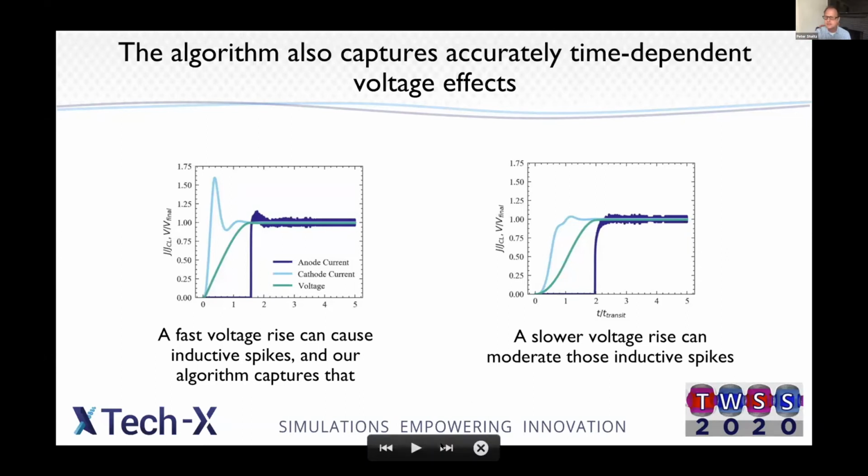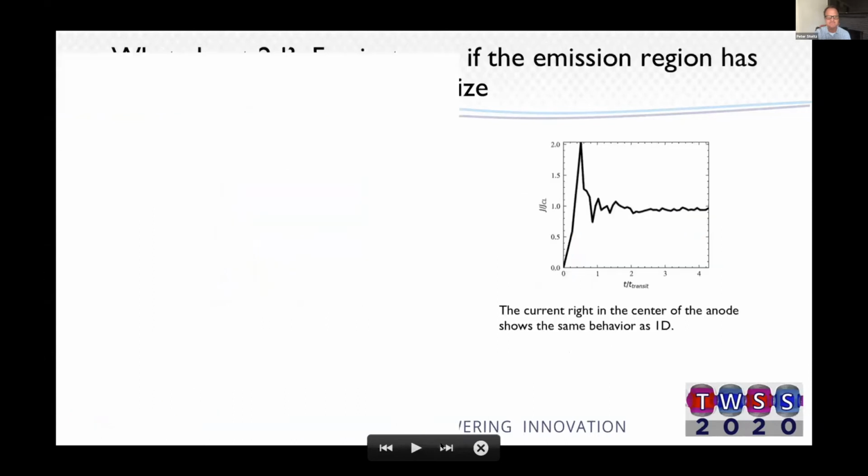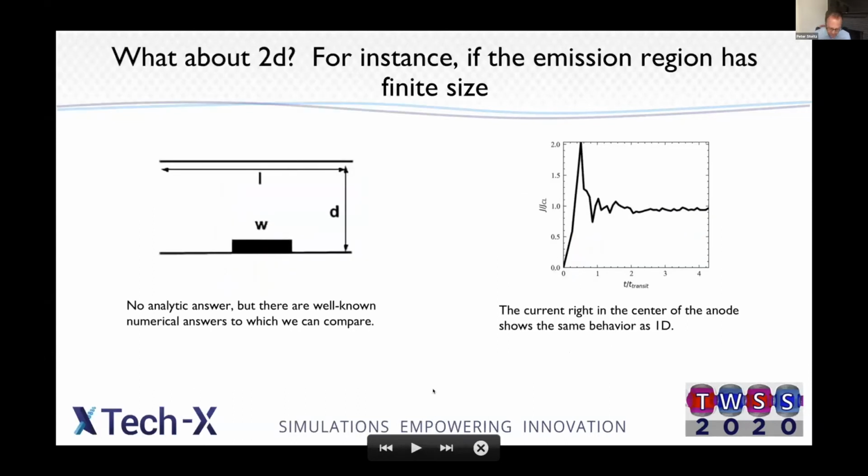All right, let's see. Okay, so now we're going to try to make things interesting. You know, 1D, everything works in 1D, right? Things don't get interesting until you try 2D. So there's a well-known test problem in the literature, and that's just a finite width emission patch. So it's the same setup actually, right?